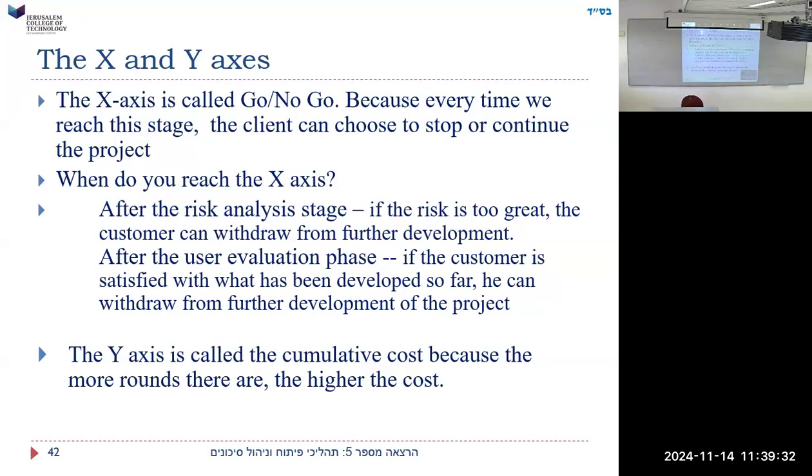After the risk analysis stage, if the risk is too great, the customer can withdraw from further development. After the user evaluation phase, if the customer is satisfied with what has been developed so far, he can withdraw from further development of the project. There are 2 possibilities: either it's too risky or he's got what he wants.